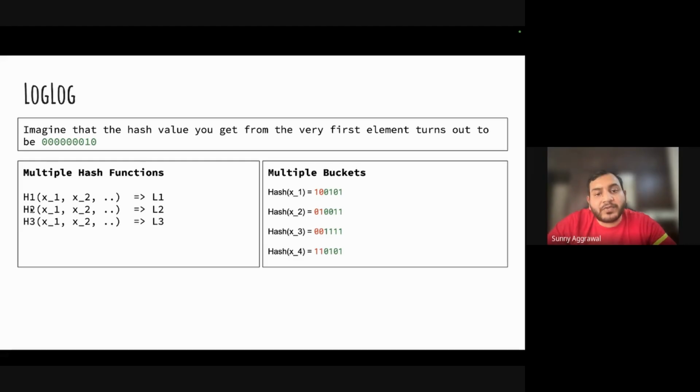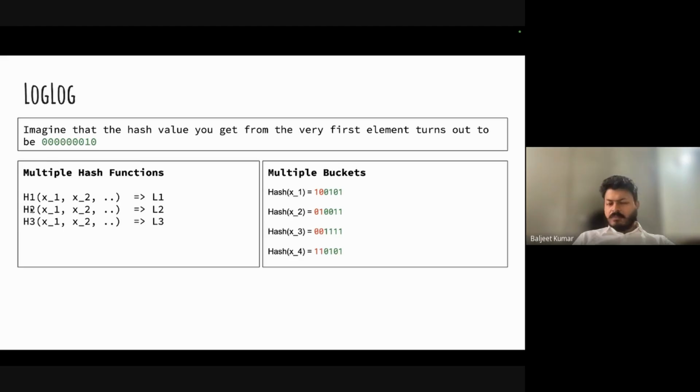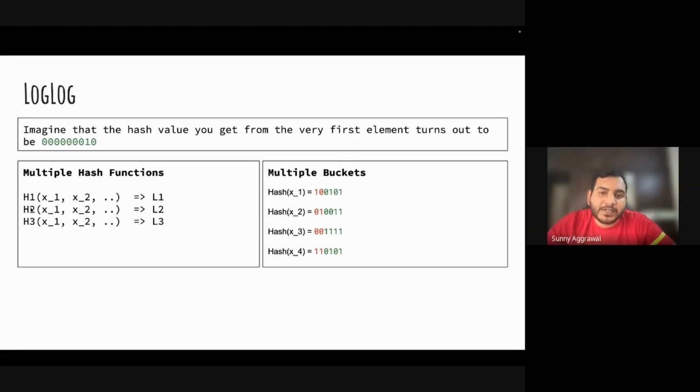So the first hash value, which is computed for x1, says 1, 0 is the bucket, and then 0, 1, 0, 1 is the value. So I will create bucket number 3, and this bucket has 1 candidate. Similarly for x2, bucket number 1 has 1 candidate. Bucket number 0 has another candidate for x3, and for x4 there is a bucket number 4 which has a candidate.